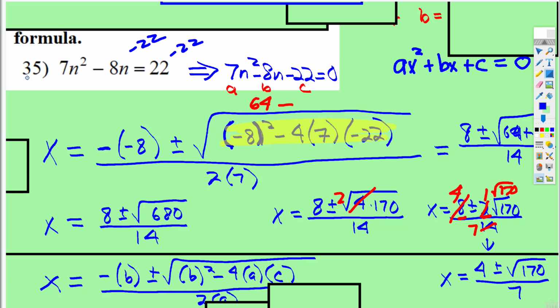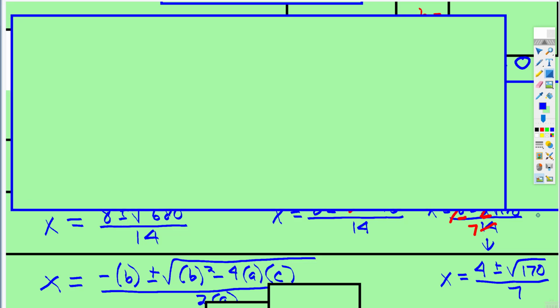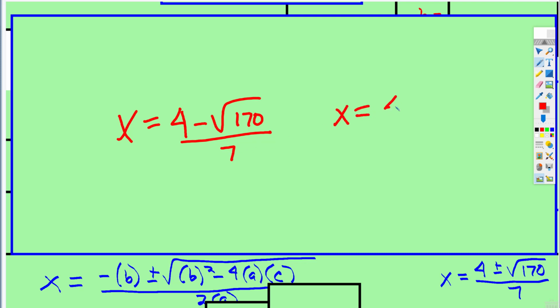So remember what that plus or minus sign means. It means x is equal to 4 subtract root 170 over 7, and it means that x is equal to 4 plus square root of 170 all over 7.